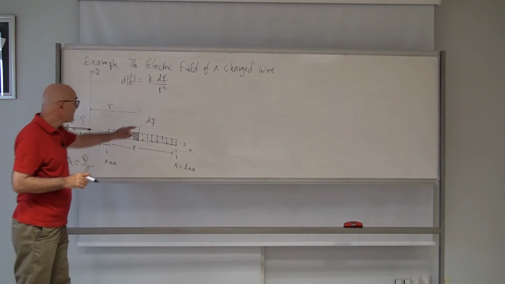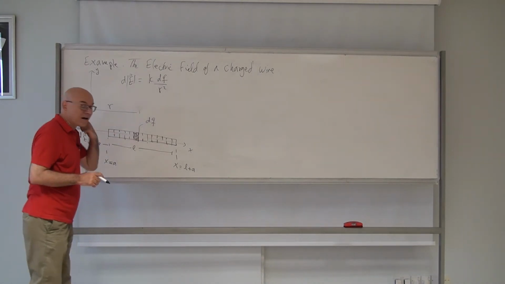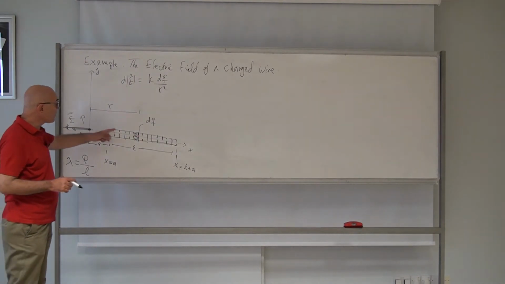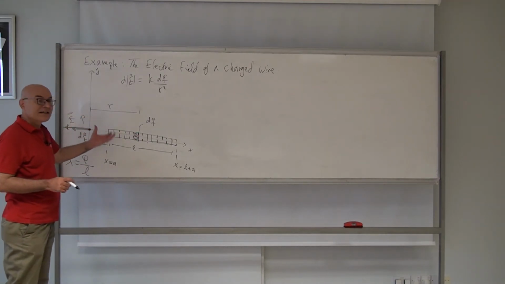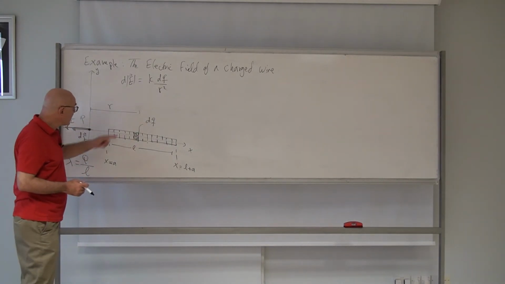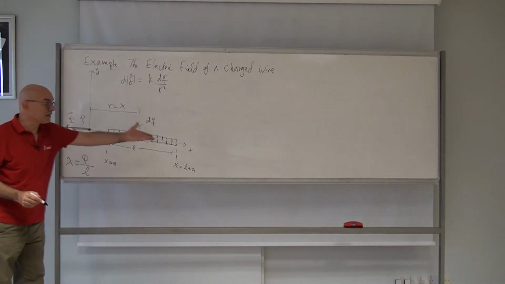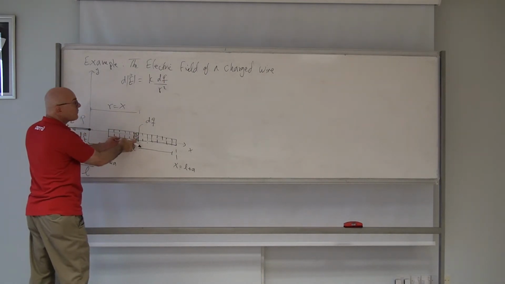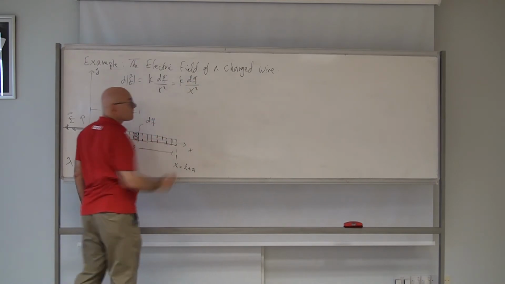For this specific dq, it is r. Now what you do is you try to express this r in terms of the variables given in this specific problem. In this particular example, evidently our r is actually x, the x coordinate, because r is this distance and it is the x coordinate of dq. So this becomes k dq over x squared.